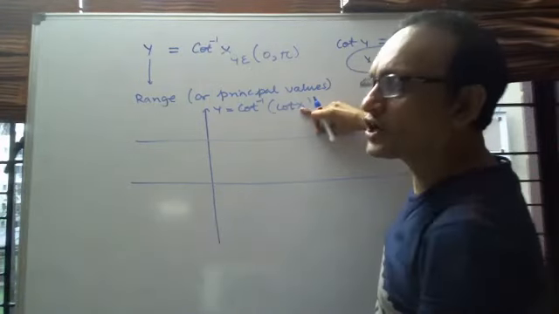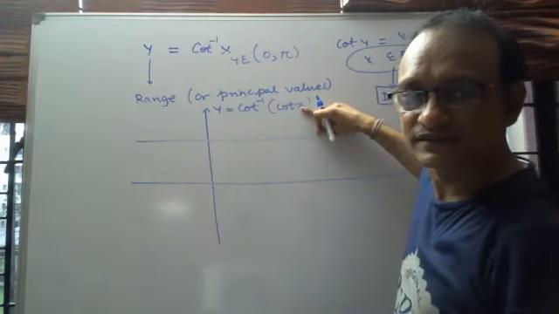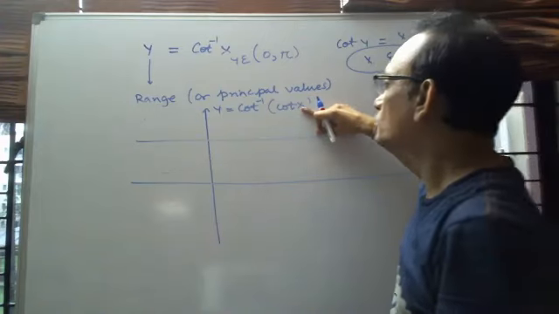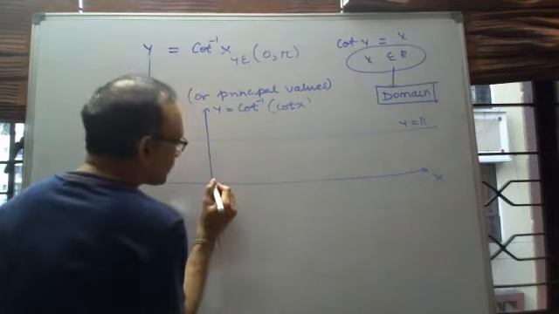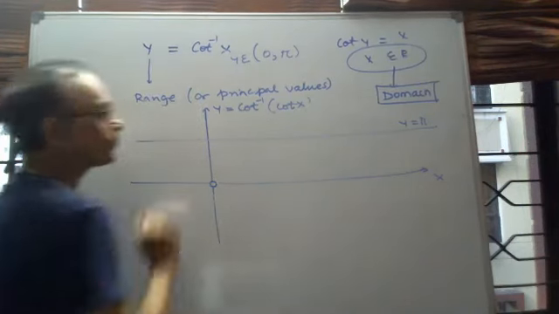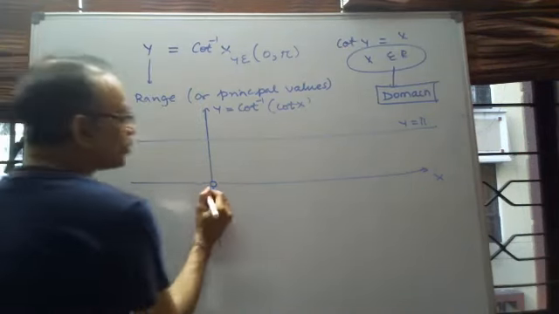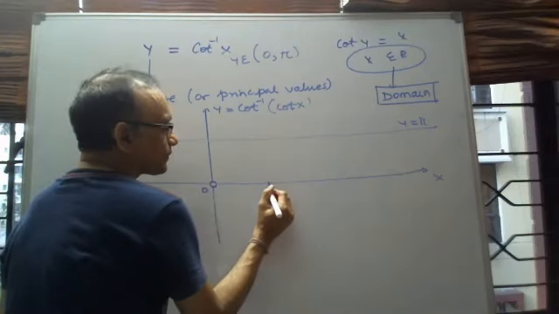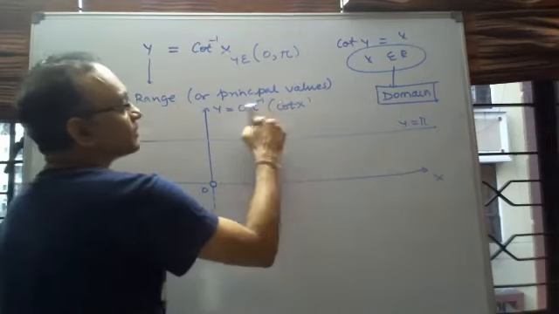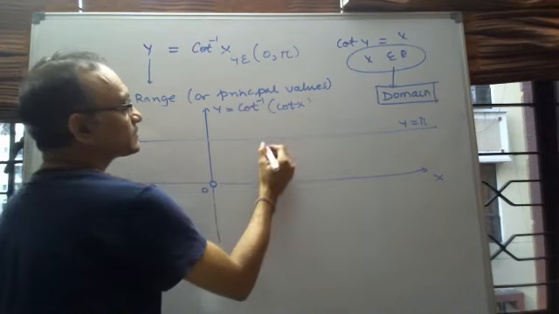At x equal to 0, cot 0 is undefined, right? It is cos 0 by sin 0, so at x equal to 0 there is a hole. In 0 to pi, y will be x as the principal value.